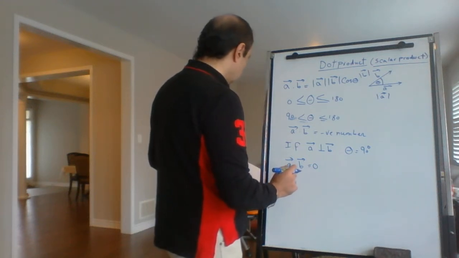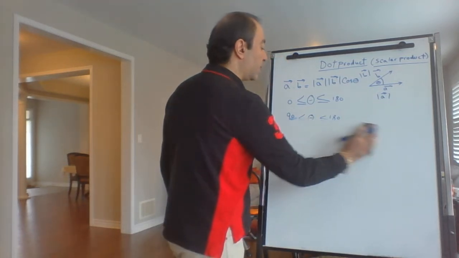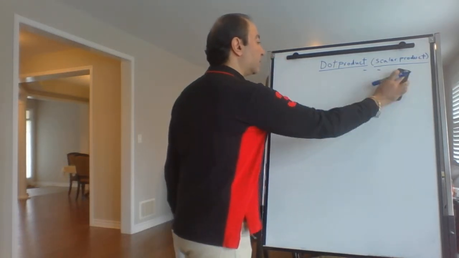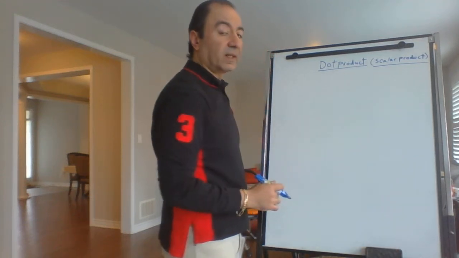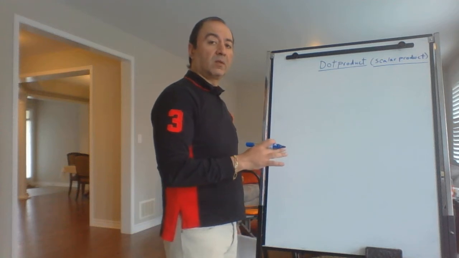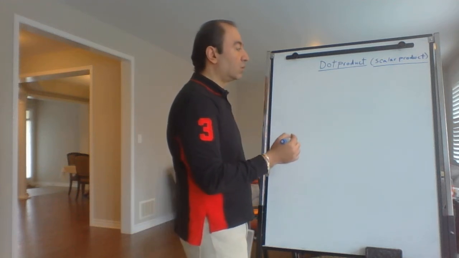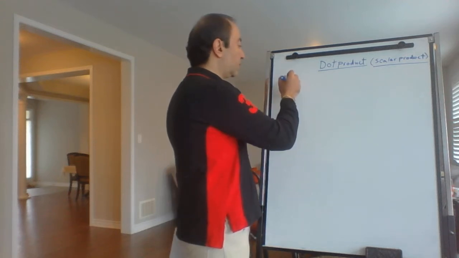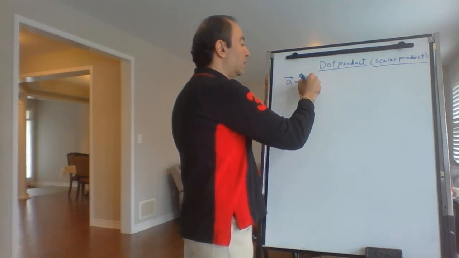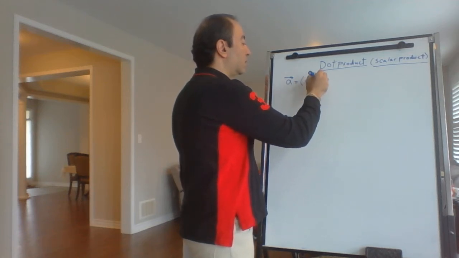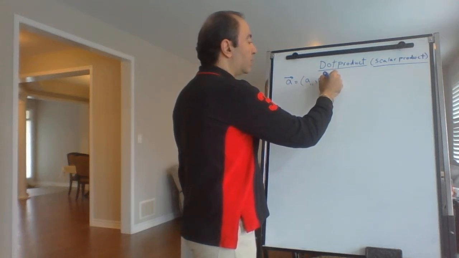Okay, now this is how we do dot product if represented geometrically. I told you last time that we can represent the vector algebraically by knowing the Cartesian components or coordinates.